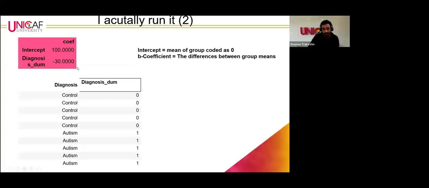And let's say the mean IQ of this sample of individuals with autism is 70, so the difference will be minus 30. To find the mean of the other group, we need to go 30 IQ points below this mean. So the B1 coefficient will be minus 30, and the beta 0 coefficient will be 100.